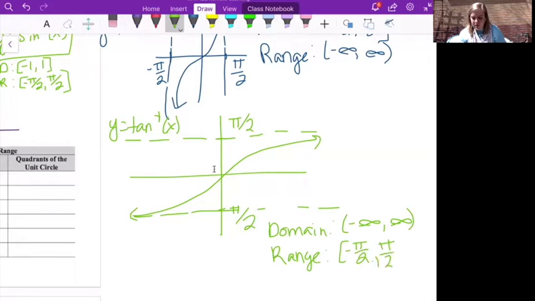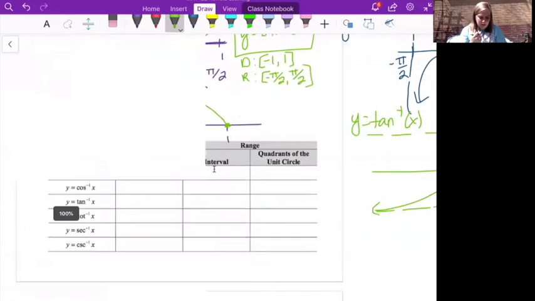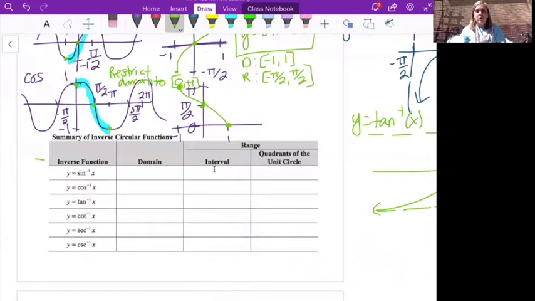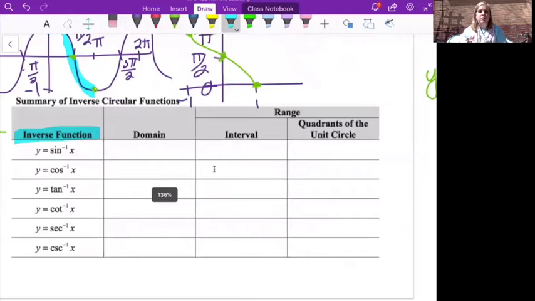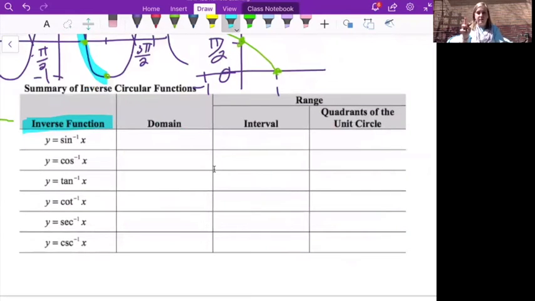And so this especially pertains to what your calculator gives you, because your values are going to be between negative pi over 2 and pi over 2, or negative 90 and 90 degrees. Okay, so this really helps us to understand where our restrictions of the domain are going to be. And so again, these are our inverse functions, so our x's and y's are flipped.